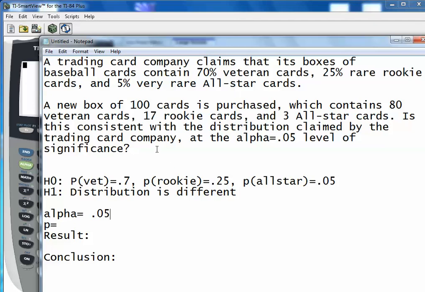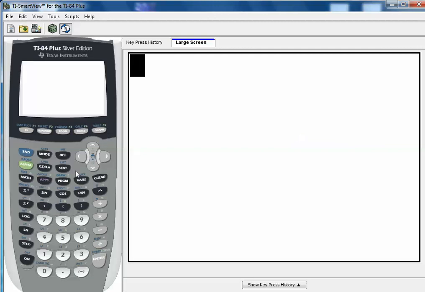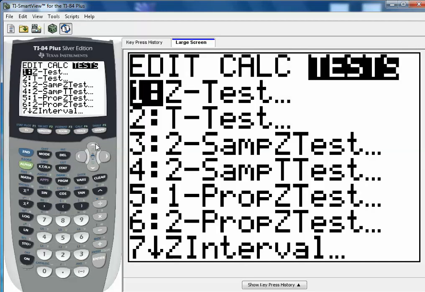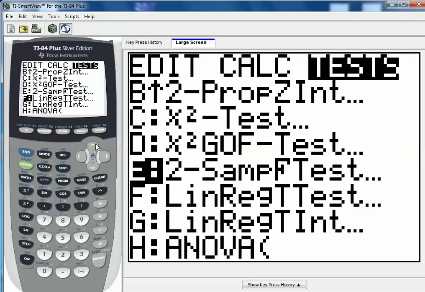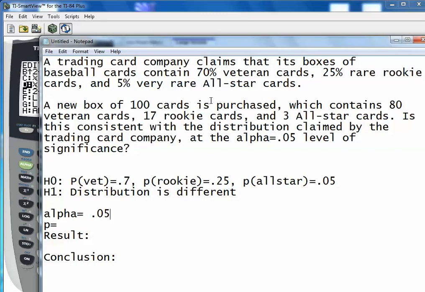So what we need to do with this is use the chi-squared goodness of fit test, which is in Stat Tests, and then down at the bottom here, D is chi-squared goodness of fit test. To do this, we need to enter data, because notice we've got two sets of data. We've got what we think is going to be there and what really was there.